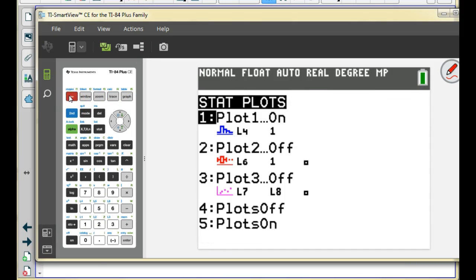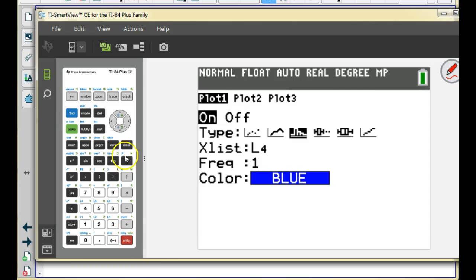All right, so you're going to go to stat plot, second y equals. In the first list, you want your yellow ones, whatever list that is in. List 1, list 2 for you probably. And we're picking the box and whisker plot again for the type.